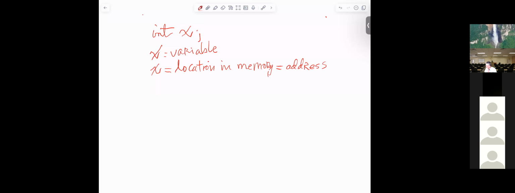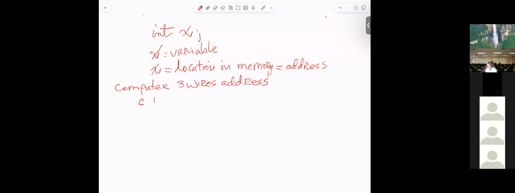Now, try to understand in the computer. Now I give the computer only 3 wires. Address.